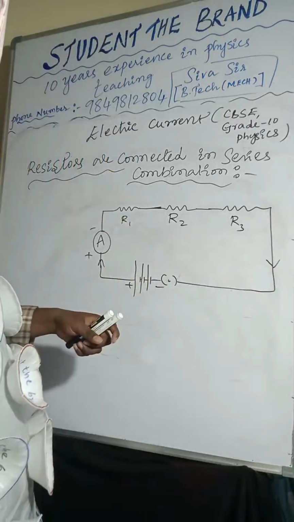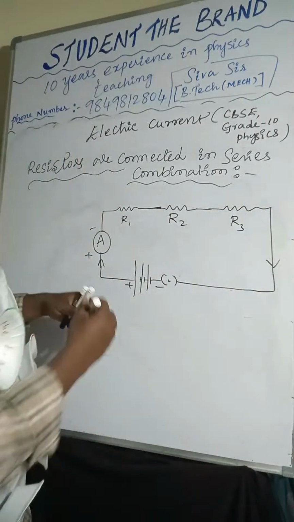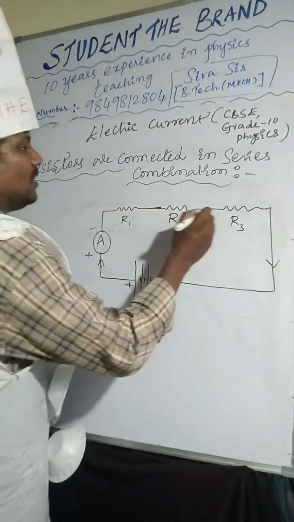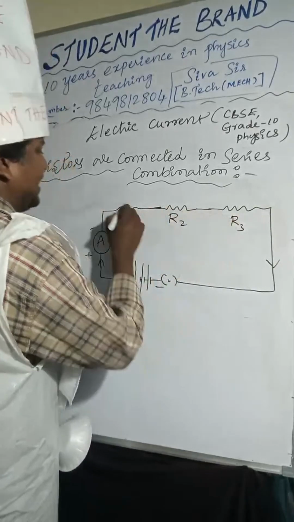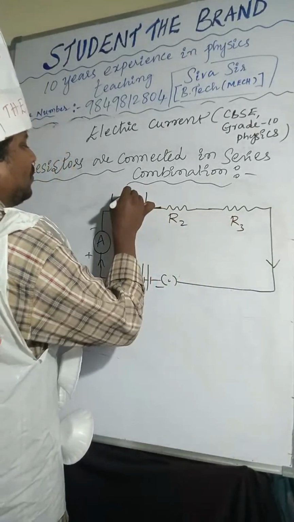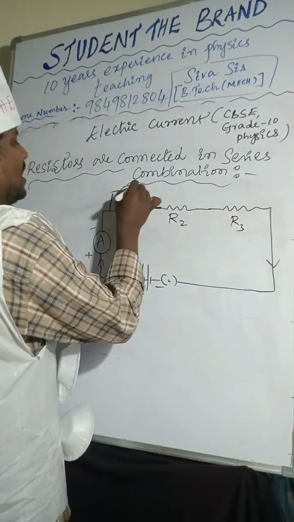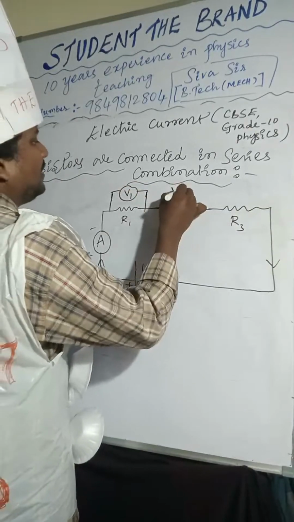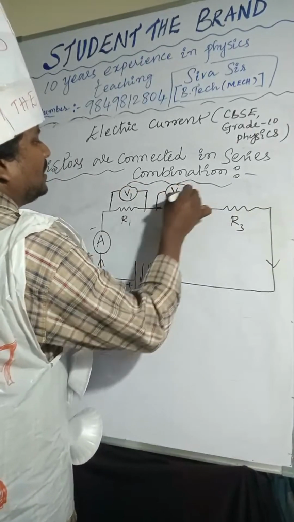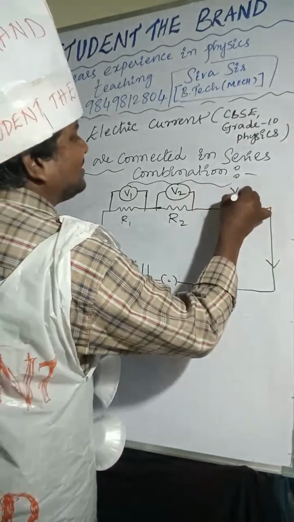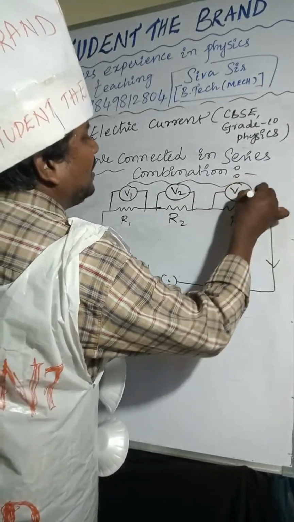Here I am considering R1, R2, R3. Across R1 we are connecting voltmeter V1, across R2 voltmeter V2, and across R3 voltmeter V3.